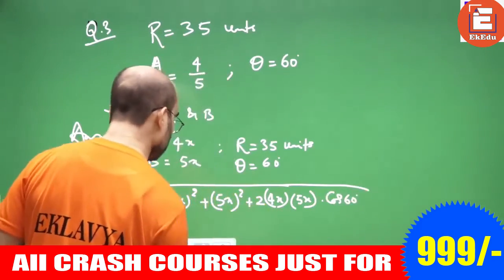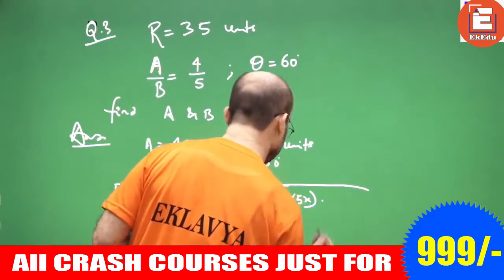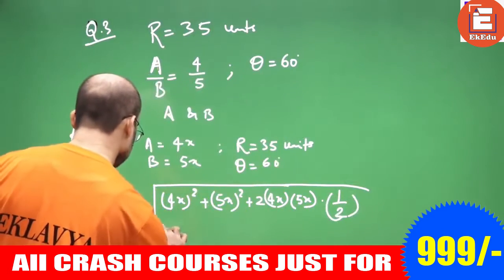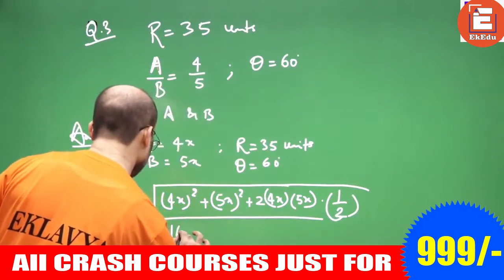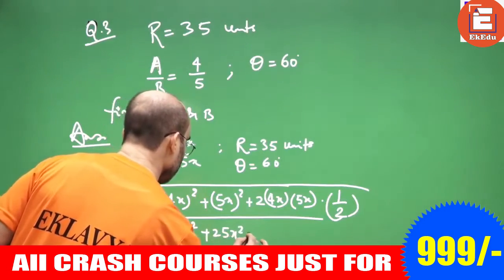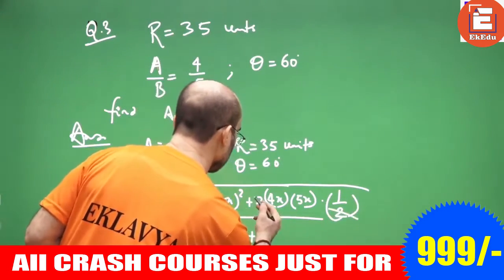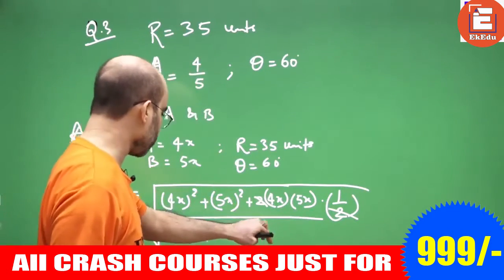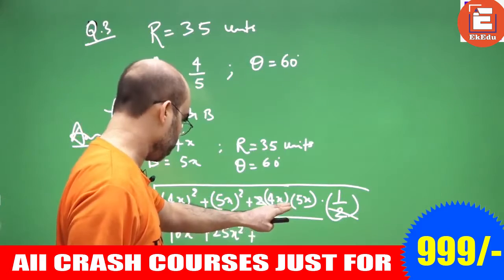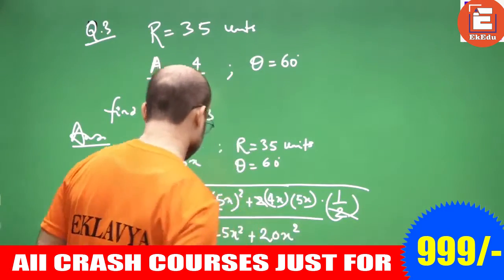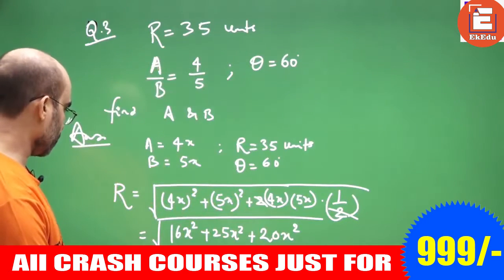Cos 60 degrees is half. Now this is 16x square plus 25x square plus, the 2 and half cancel, 20x square.